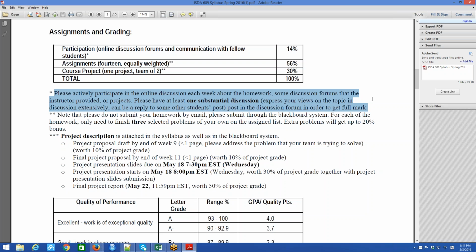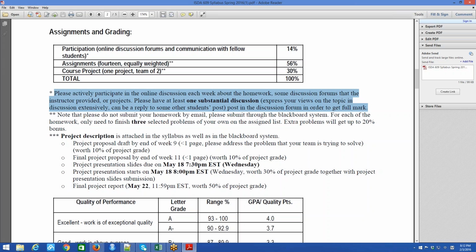You don't really need to come up with some new things of your own. It can be a continuation of some fellow student's discussion, but hopefully it's not just one sentence saying yes, I agree with this point or great point. Something like that wouldn't be considered substantial. Would three sentences be considered substantial?